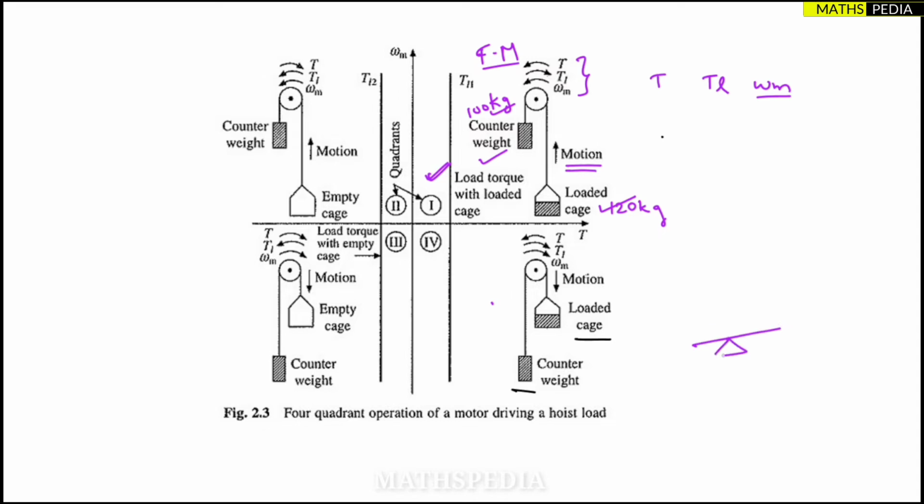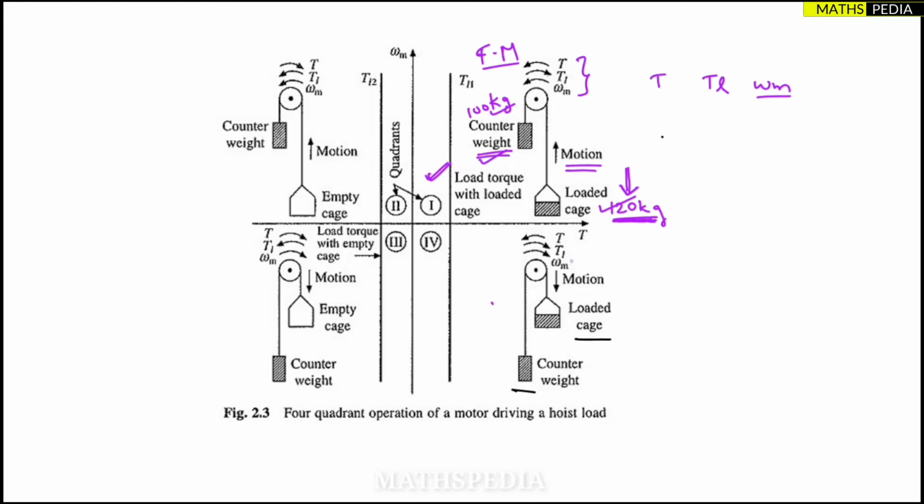If one person sits over here, a 200 kg person, and here a 100 kg person, of course the 200 kg person will come down. The same scenario is happening here. Because of the natural gravitational force, the loaded cage will be pulled downwards. It will come down naturally because it has more weight than the counterweight.